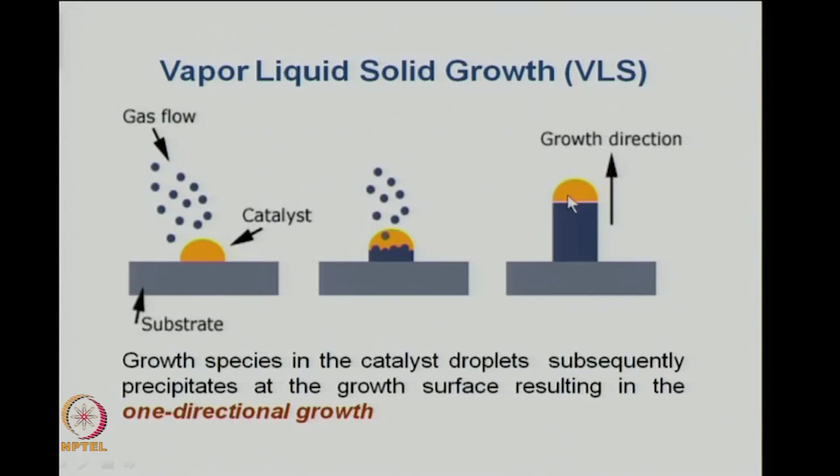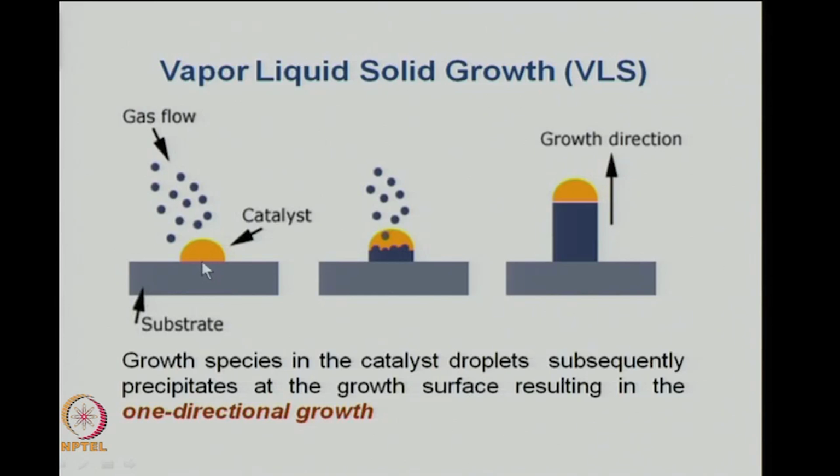The droplet is always at the tip of this nanorod which you can see here. So, the growth species in the catalyst, which is this yellow colored particle shown here, is a globule or a liquid droplet. They subsequently encapsulate these particles, or the particles fall into this liquid droplet.